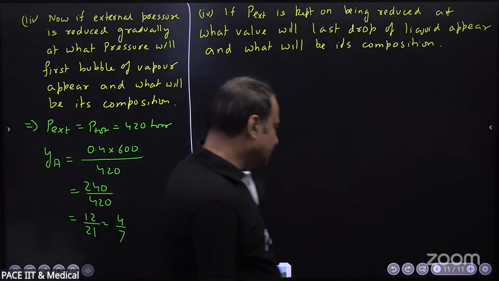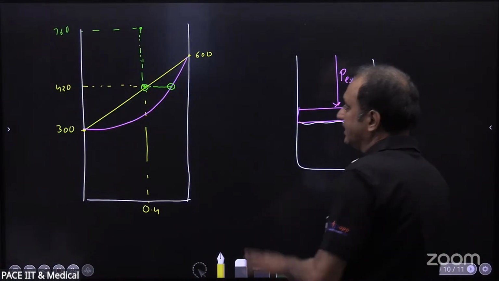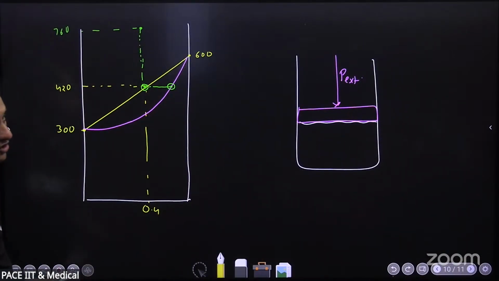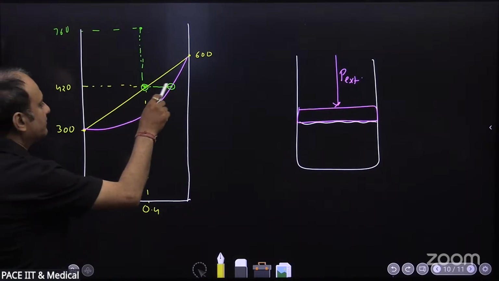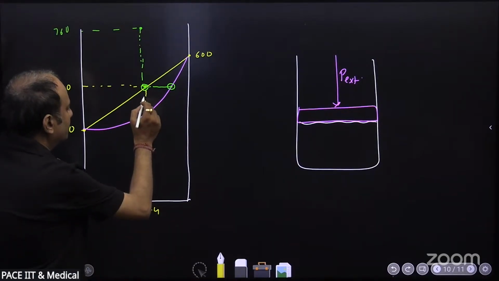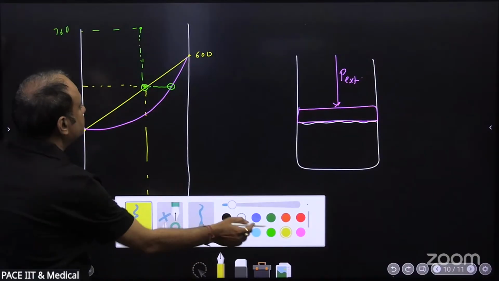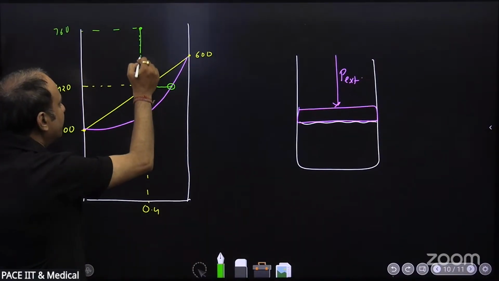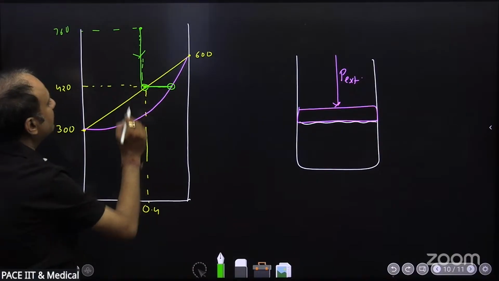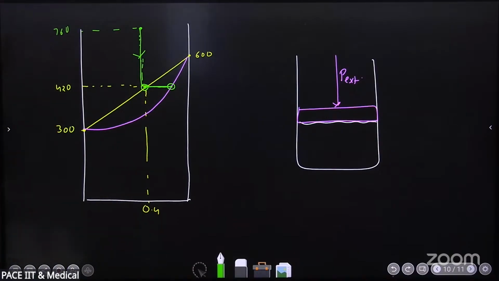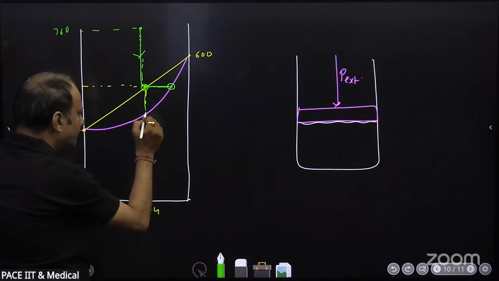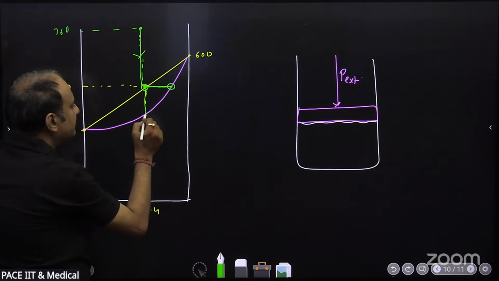So now in this graph, if we try to analyze, this was our first bubble of vapor situation. First I came from here to here. This was our first bubble of vapor. If I keep on going down further, I will somewhere reach here.